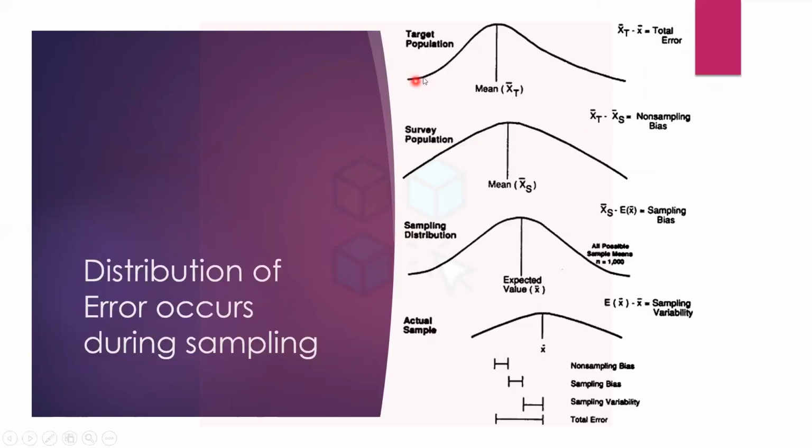The first figure is showing the target population, which is this one. From this target population, the difference x bar t minus x bar is called the total error. From this distribution, we take a survey population. And from this, one more mean is calculated, that is called x bar s, the survey population.